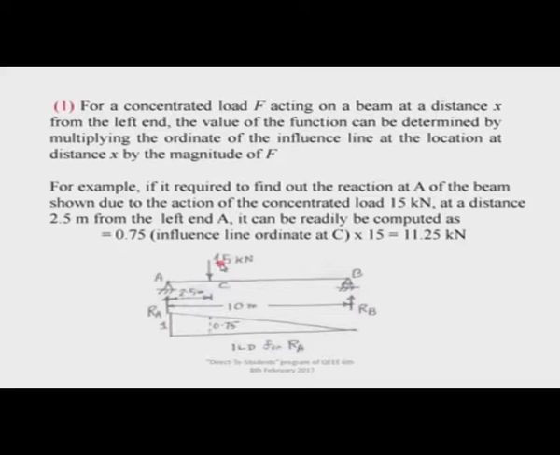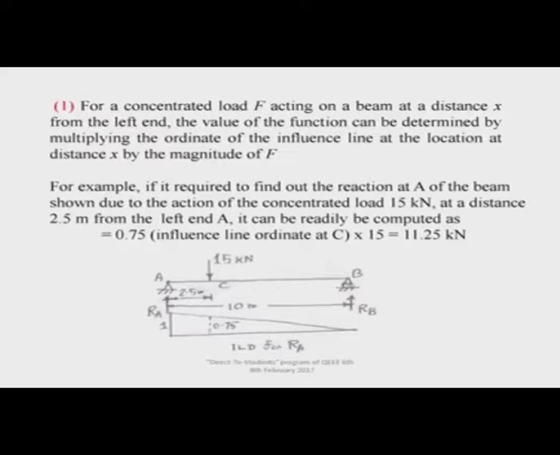Now, how to find out from the influence line diagram? The ordinate is 1, so it is 1 multiplied by 15 here. When the load is 2.5 meter from the right end, it will be 15 into 0.25, that means 1/4 of 15, or 7.5 divided by 2. So, 3.75 will be the answer.